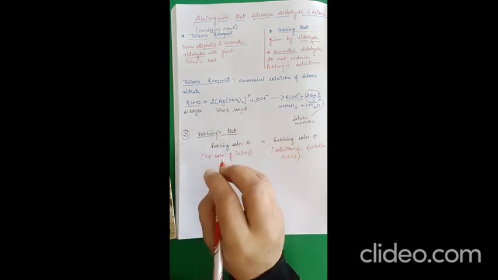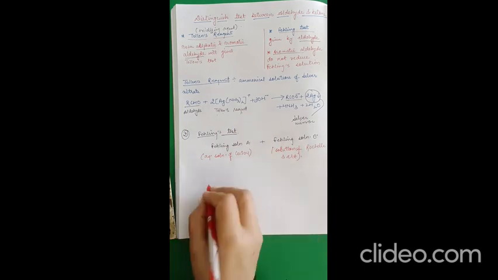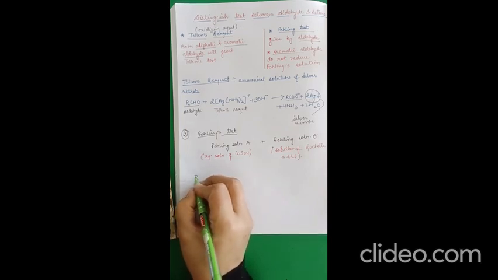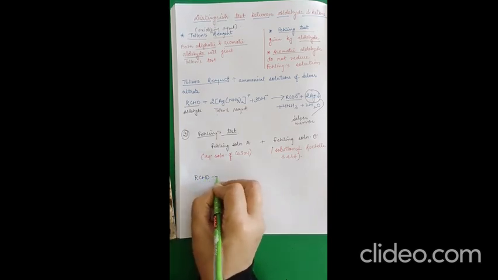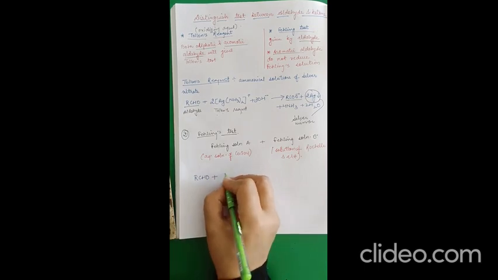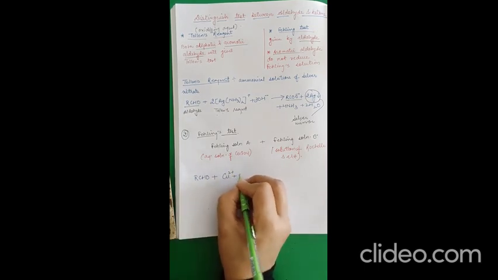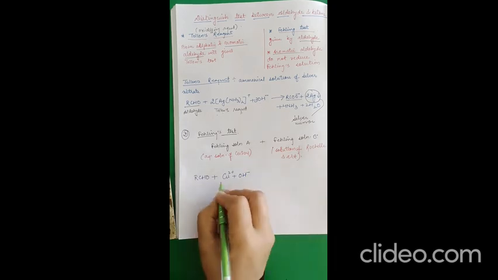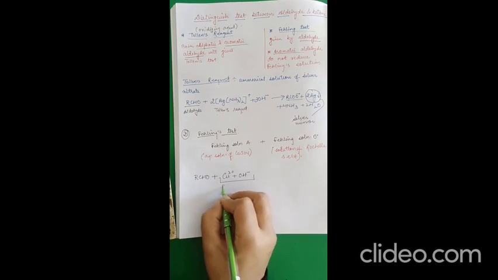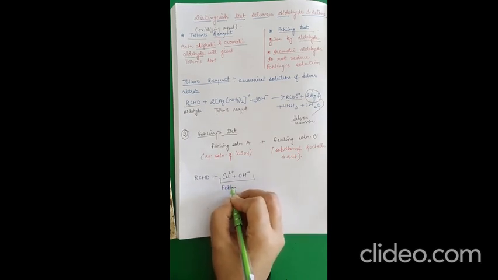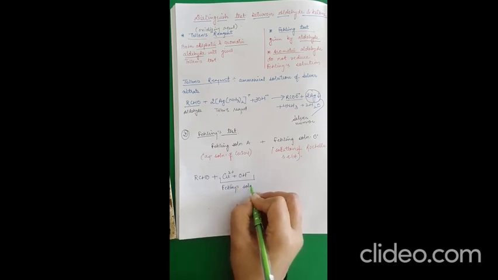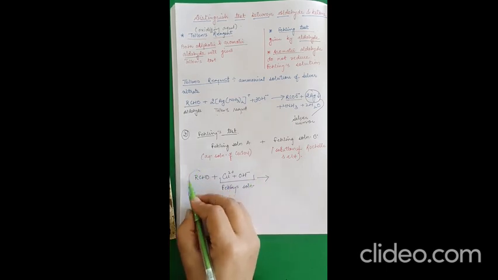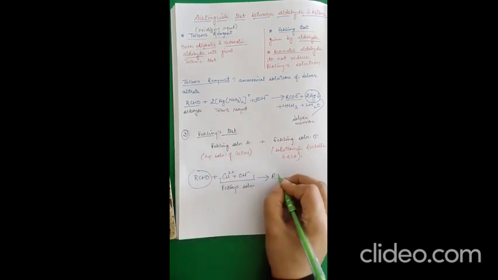Now the Fehling solution which is formed will oxidize aldehyde. Here we take aldehyde, plus from Fehling solution we will get the Cu2+ ion plus OH negative. Now Fehling solution is an oxidizing agent, so it will oxidize aldehyde to acid.